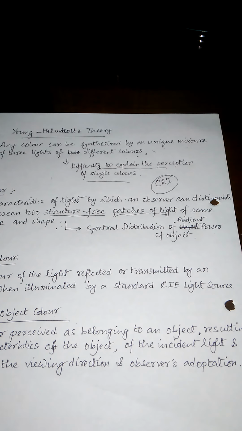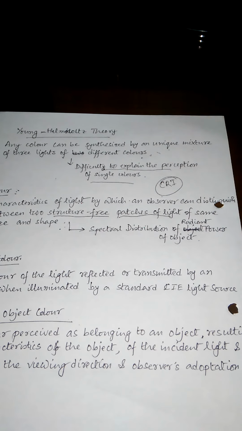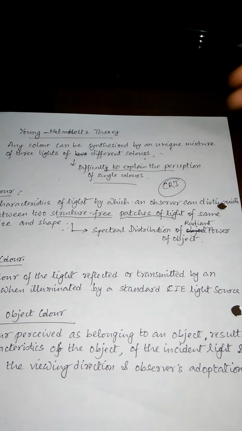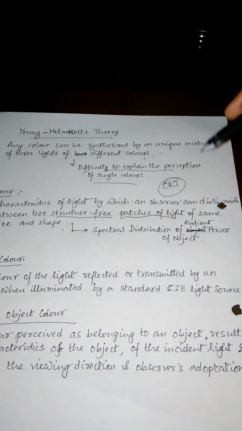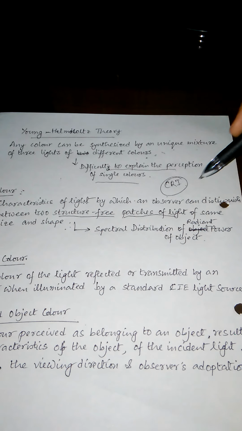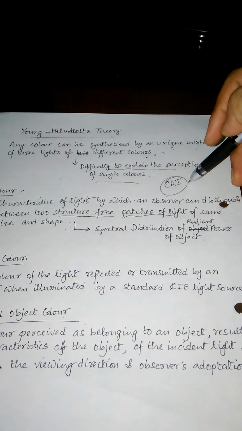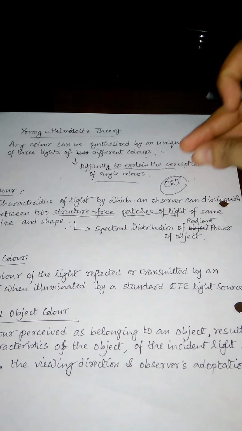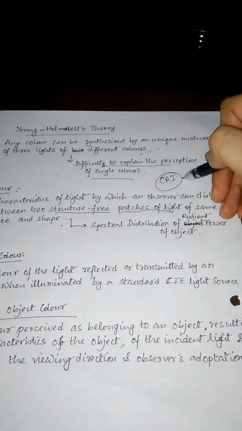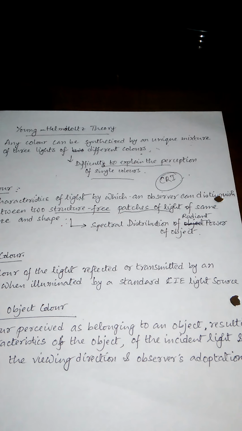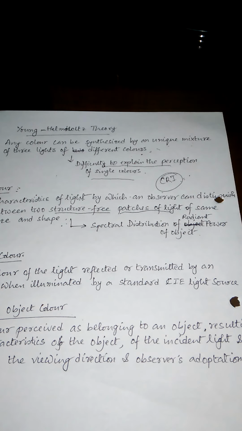For a fluorescent lamp the CRI is very good, but for a sodium vapor lamp it is very bad. So when using a sodium vapor lamp we cannot recognize the proper color of an object.